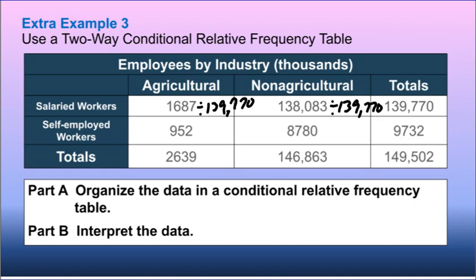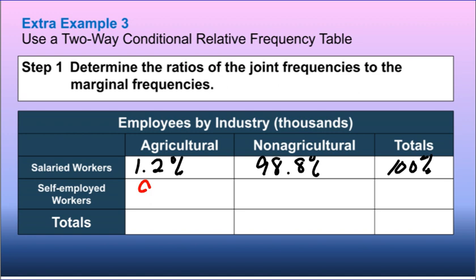Self-employed, here we're going to divide this by 9,732. So 952 divided by 9732 gives us an answer of 9.8%. And for this one, we know that this has to equal 100%. So I could actually take the 100% minus the 9.8%, and that would give me 90.2% for this one.